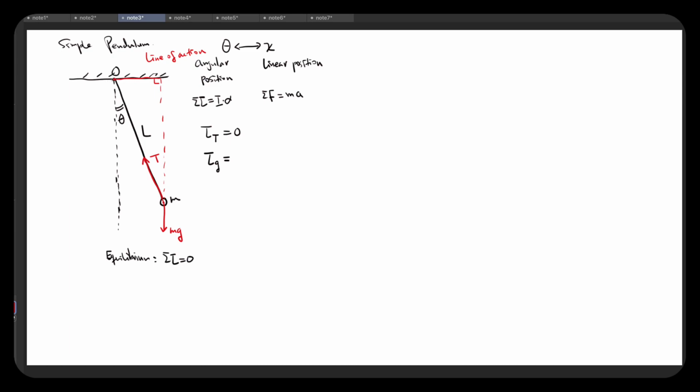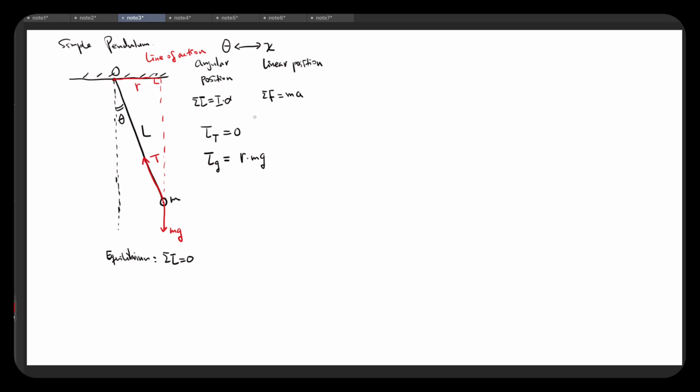And that distance, the shortest distance from rotation axis O to the line of action, is called the lever arm. Let's call it R here. So the torque of gravity is R times mg, lever arm times the force.